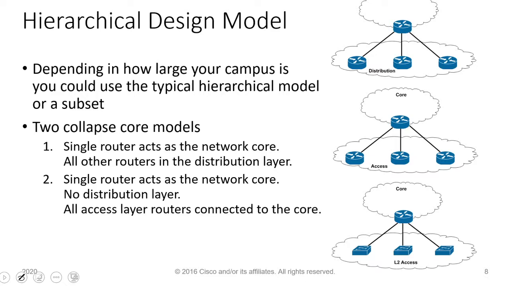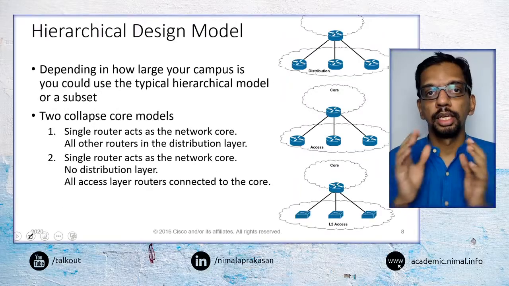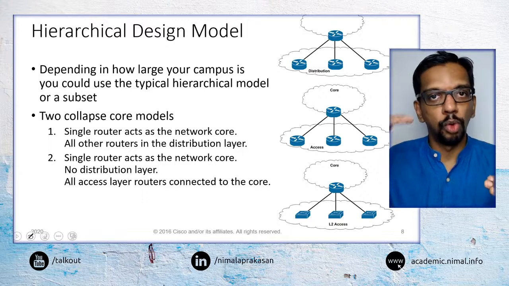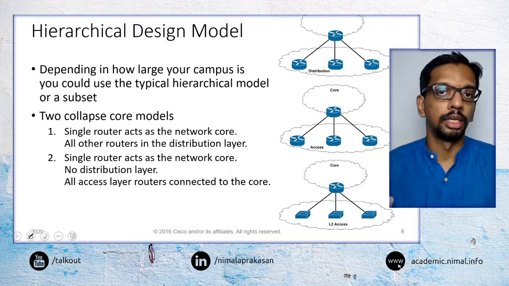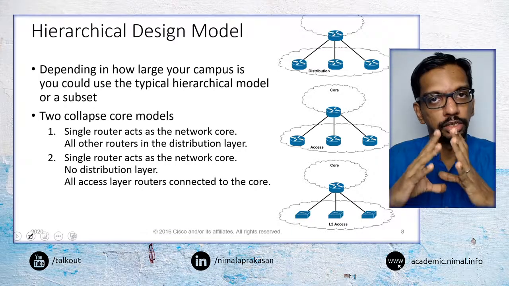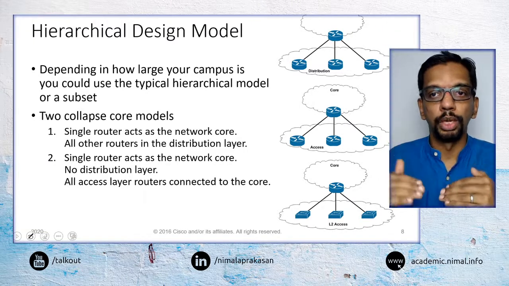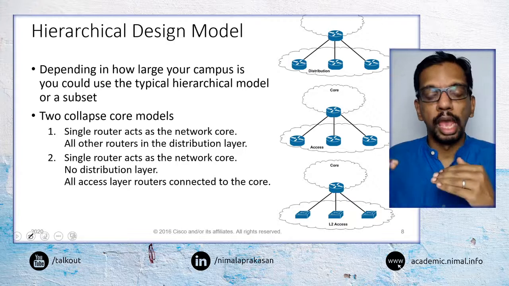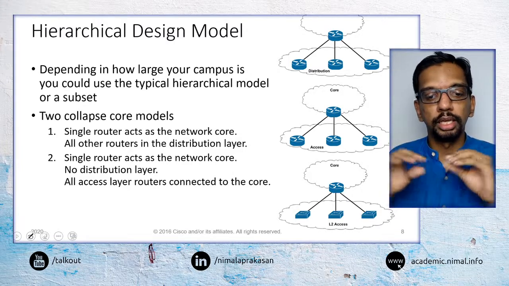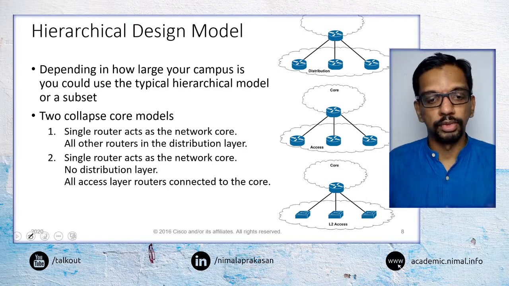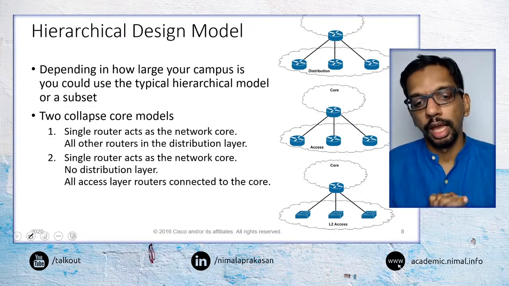So that is also possible. Depending on the size of the network, if it is a very large network, we may go with the three-layer hierarchical design model. But if that is not a very large network, we may sometimes go with only two layers, having either the core layer and only the distribution layer, or having the core layer and only the access layer, and everything else is connected to the access layer.